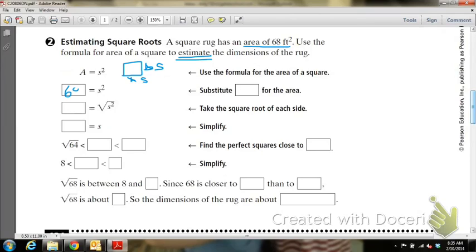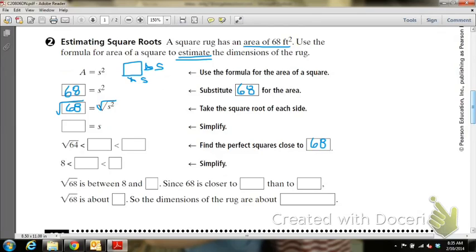I know that the area is 68, so I'm going to put that in for A. Now to figure out what number when I square it gives me 68, I'm going to square root both sides. Now the square root of 68 isn't nice, so we're not going to bother with that, but I want to find perfect squares close to 68.